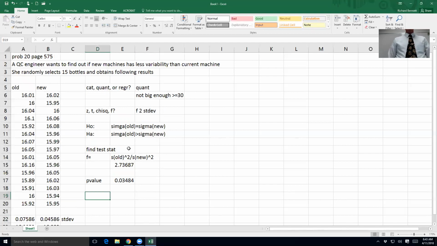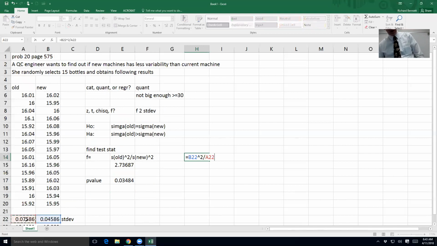Okay, so you can make this a right tail test by switching the first and second sigma. If we wanted to do this as a left-tailed test, we could switch these around. So if I did this squared divided by that squared, it's now a left-tailed test, and I can do F dot dist.